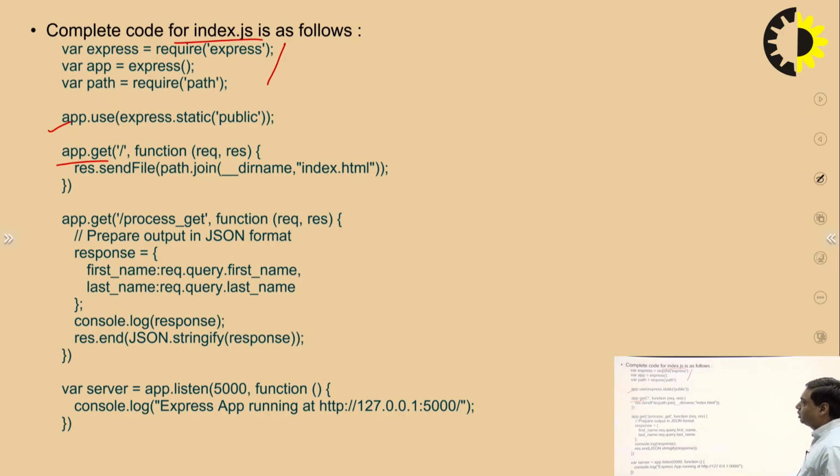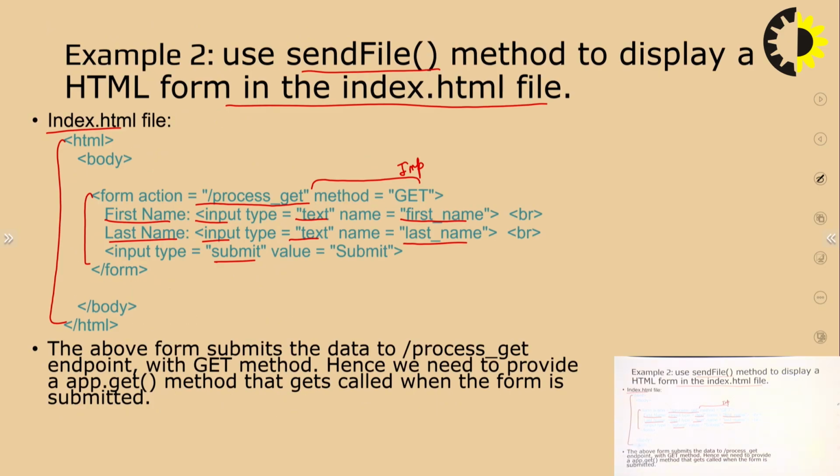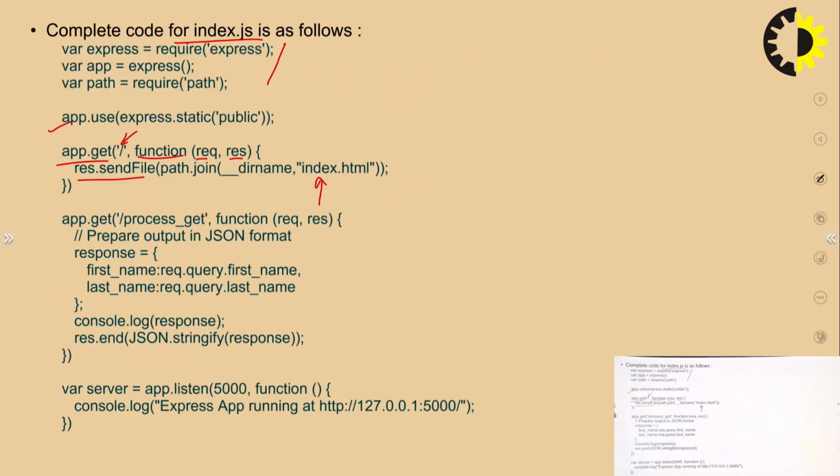Therefore we are calling app.get, and we are working from the root node. So we are using the slash here, and it will call an anonymous callback function with 2 arguments, request and response, and it will send the file with the help of response, and the name of the file is index.html. This is the file that will be sent to the server.